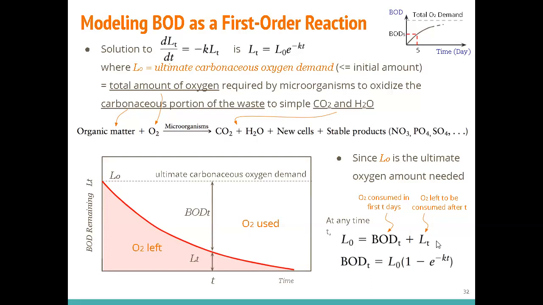It's talking about oxygen amount, right? But they are representing different things. L0 is the total, or the original, initial organic matter amount. This one is O2 consumed, which is the white part. And this one is the O2 left, which is the pink part.